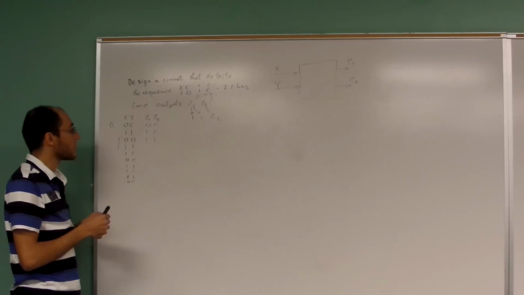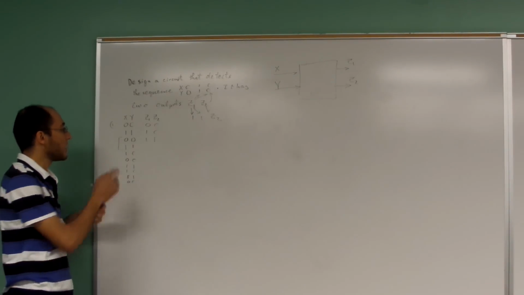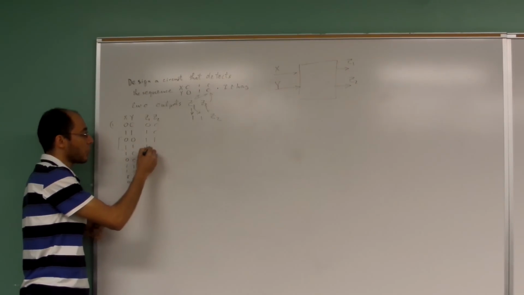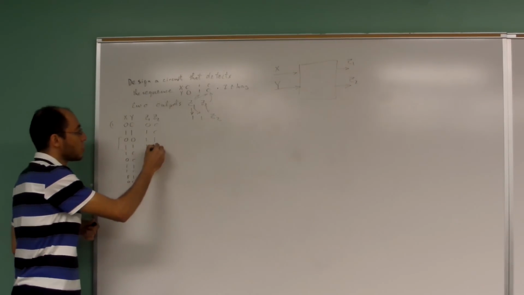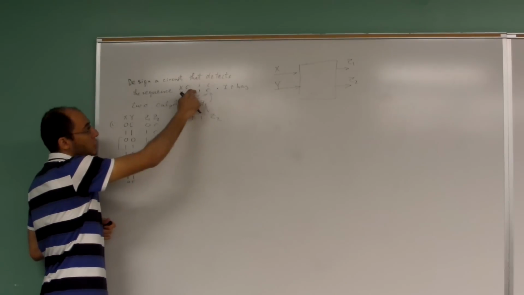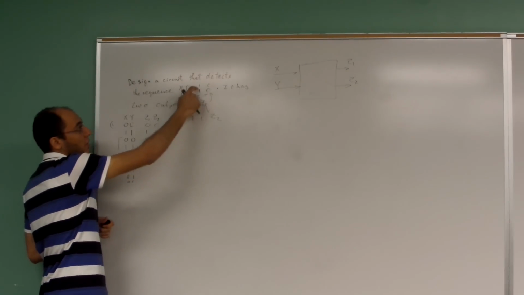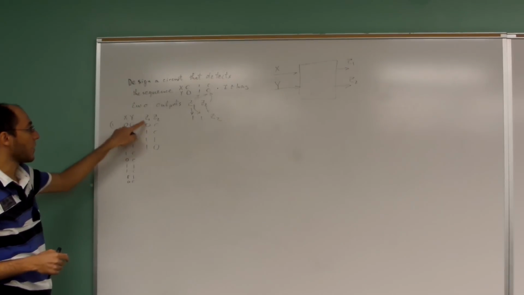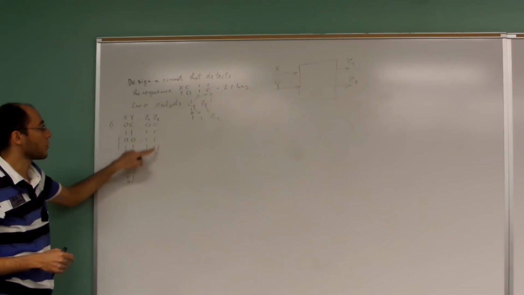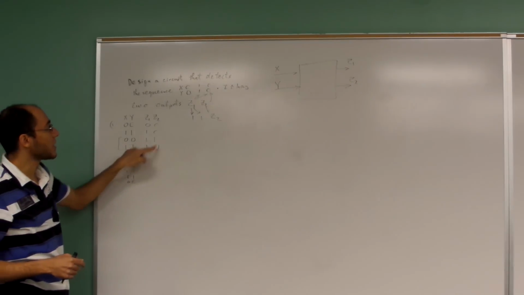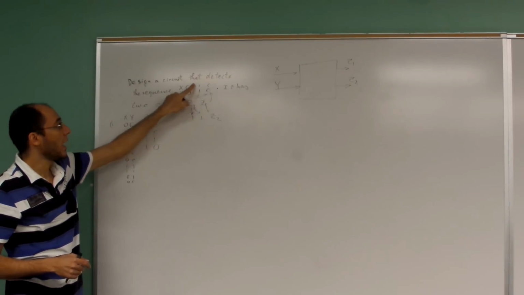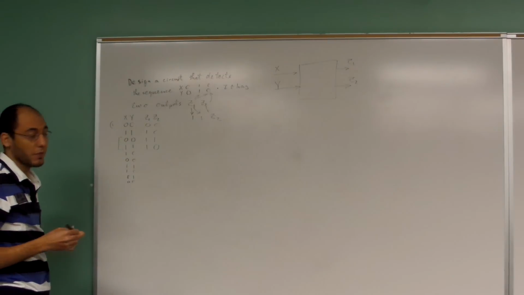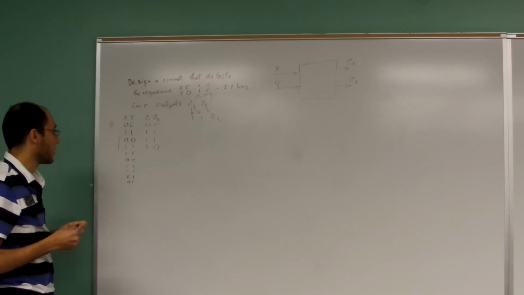So in the last two clock cycles I received 11 and 00, which means I output 1 and 0, because I received 11 in this time slot and in the previous clock cycle I received 00.